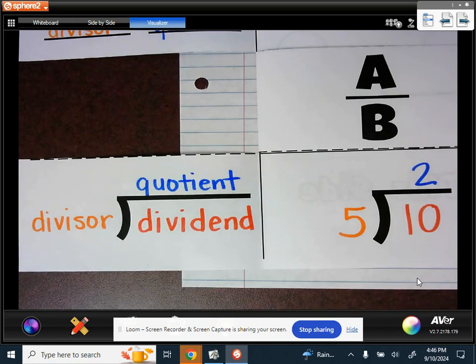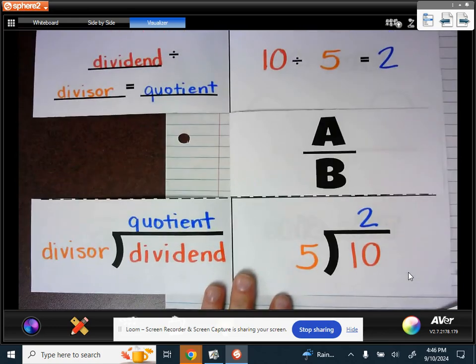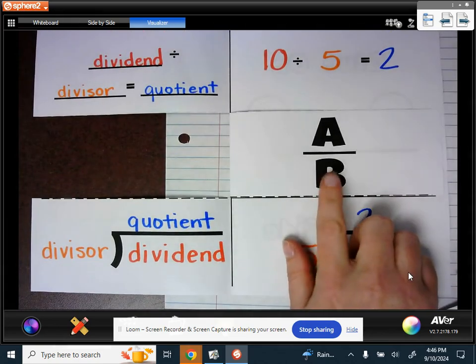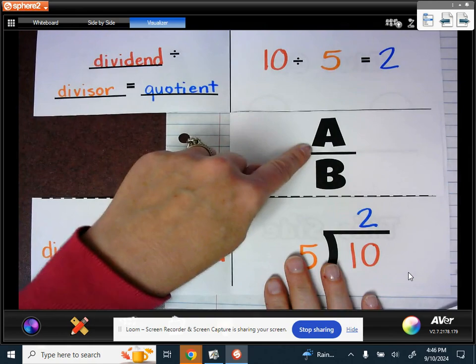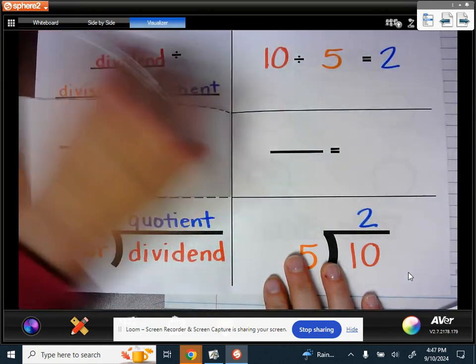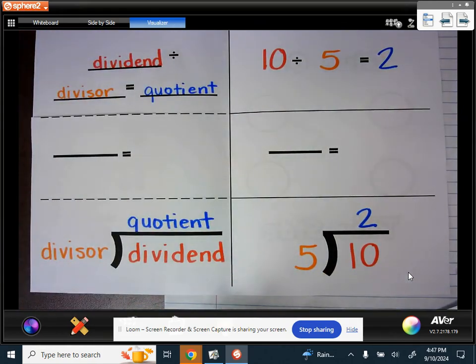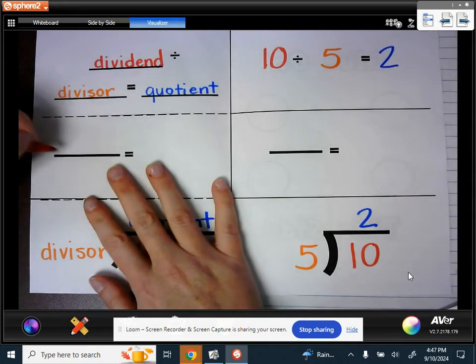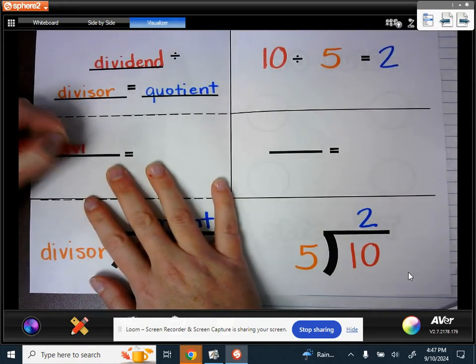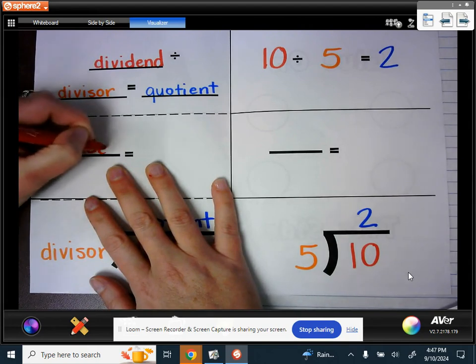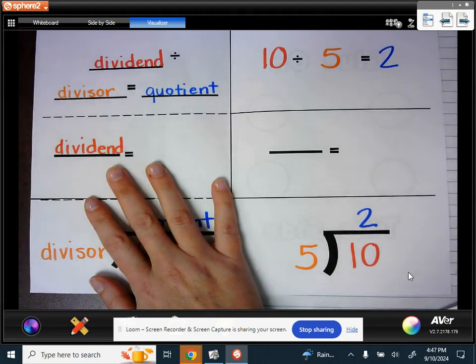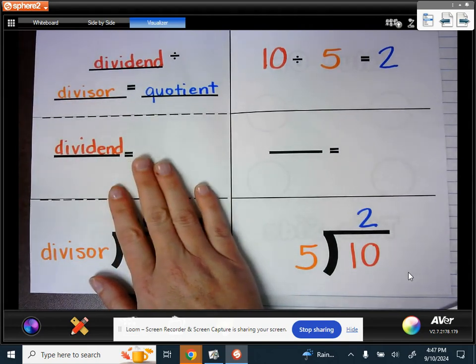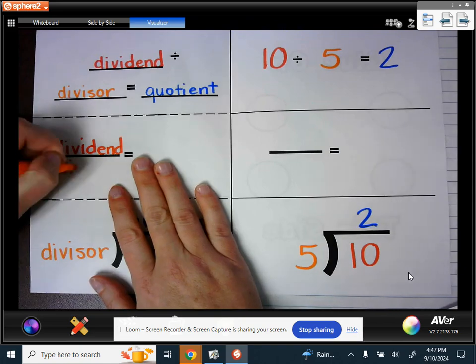And then recently we've been talking about how the fraction bar is also another way of showing division. So you could have some number divided by another number. And so over here, this would be our dividend, and we divide our dividend by our divisor.